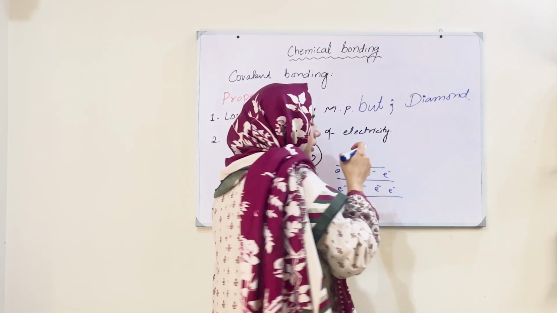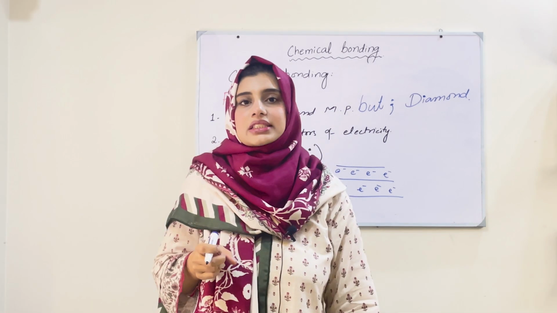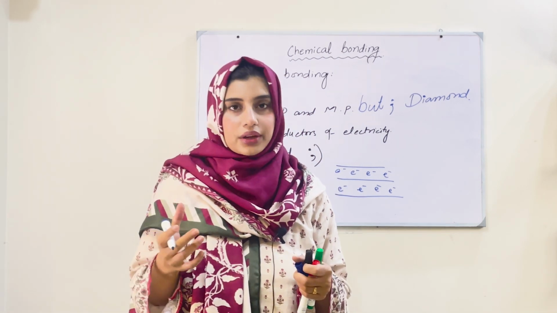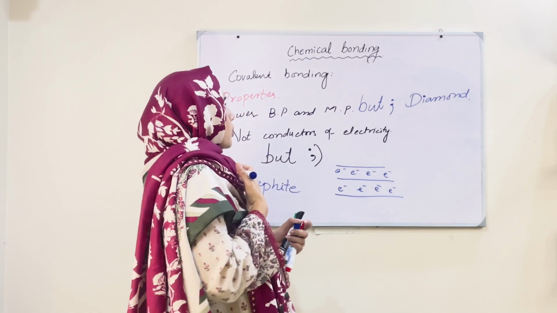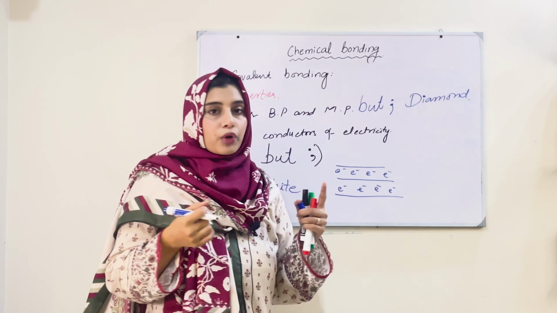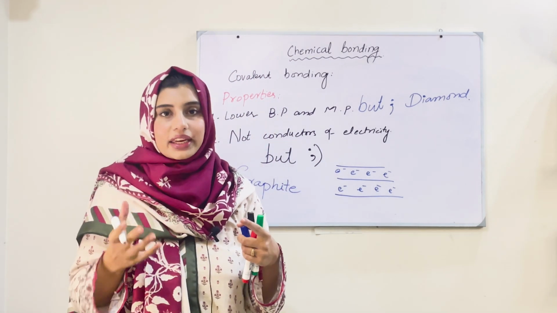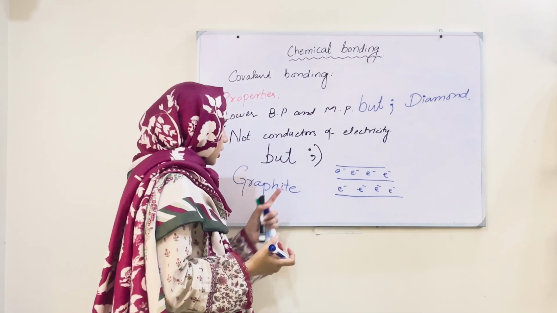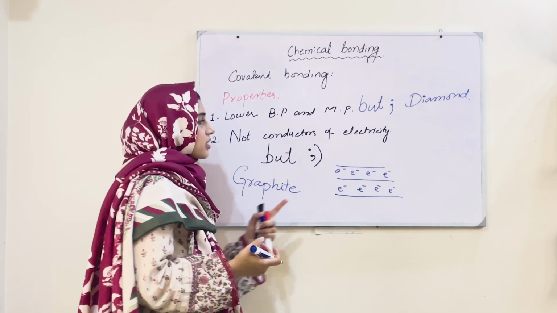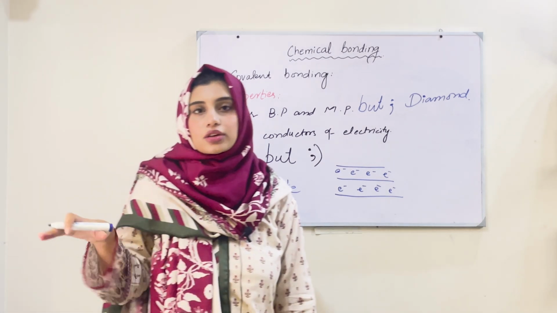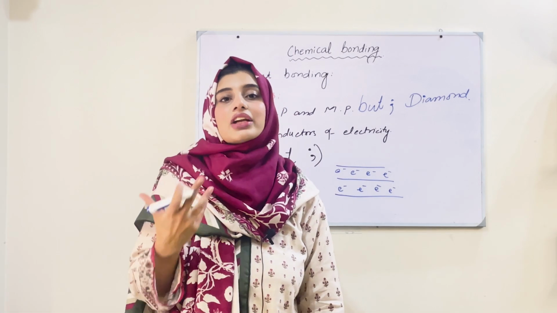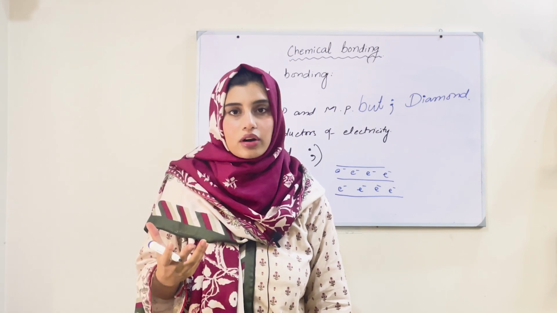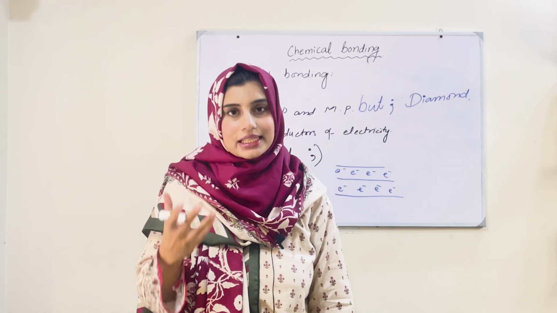Diamond has very high melting and boiling point because the bonds are extensively combined together, and that is why the boiling point and melting point of diamond is very high, and it is very dense, it is very strong. Other is conduction of electricity. Graphite is a very good conductor because it has layers of molecules, and in the layers we have free electrons, and free electrons cause conductance of electricity. Is this clear to you all?